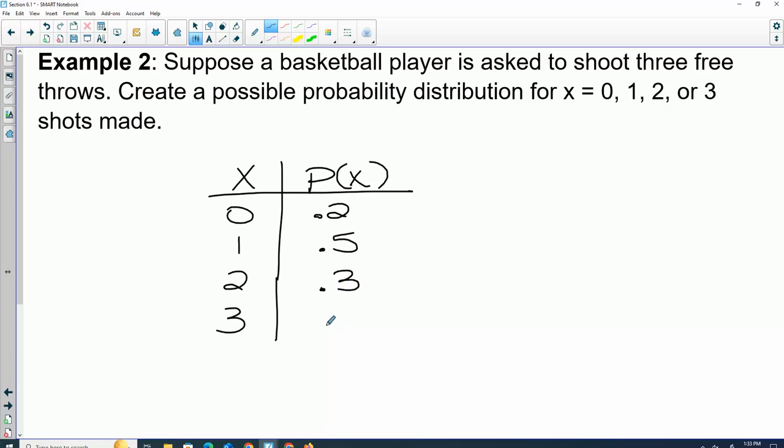So then what would be the probability of 3? What would that have to be? 0. Why? Because it already added up to 1. Now, could I have made up any numbers I wanted here? Yes, as long as they were positives and they added up to 1 at the end. So remember those probability distributions, those tables there.